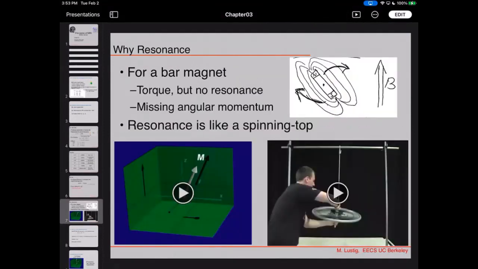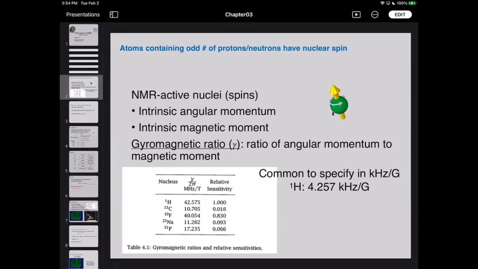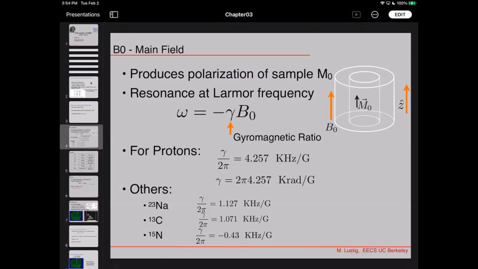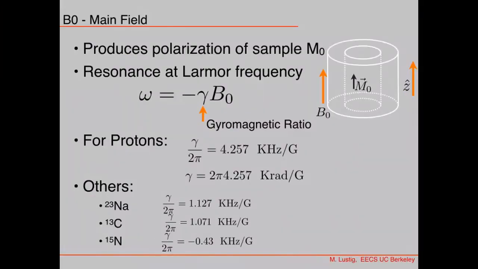So we had this video, and I don't want to play it because it's going to make sound, but the direction of the wheel that I'm rotating will have an effect on the direction of precession. So if the wheel rotates the other way, then it will precess the other way. It's a similar thing that happens for nitrogen, where I guess the angular momentum of nitrogen is actually in the opposite direction compared to protons.